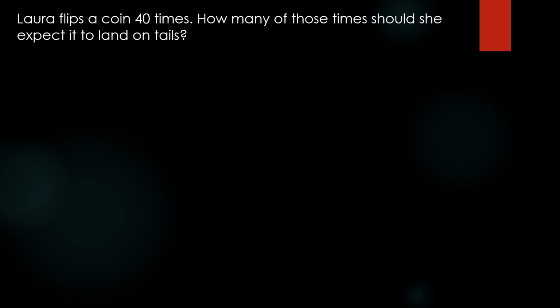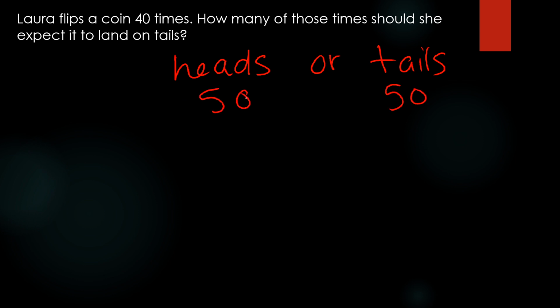Laura flips a coin 40 times. How many of those times should she expect it to land on tails? Well, when I'm flipping a coin, I can either land on heads or tails. Both have a 50-50 chance of happening because there's only 2 sides to a coin.